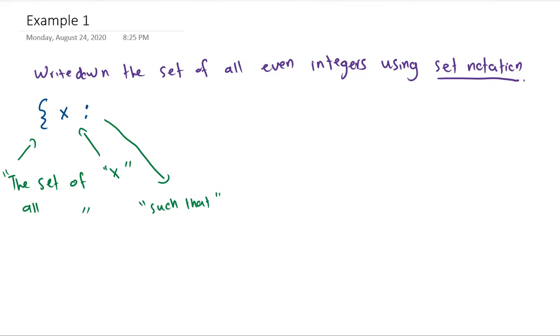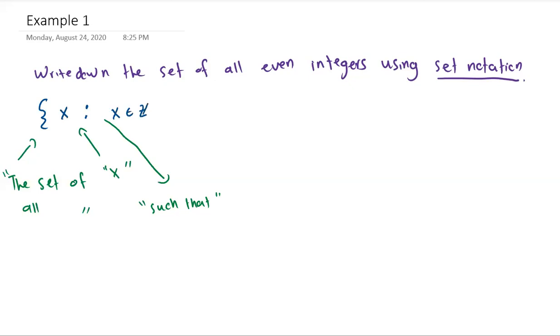Okay. So we have a left curly bracket. Read that as the set of all. X is treated as X, and then the colon, read it as such that. So we have the set of all X such that, and then you just write the defining property of the set. So what is this defining property or properties that the elements of this set have? Well, they're even integers, right? So they're integers.